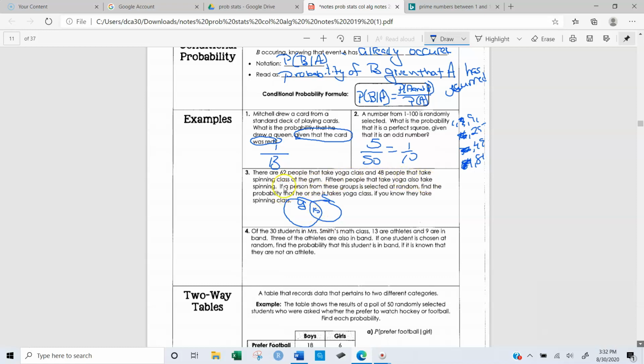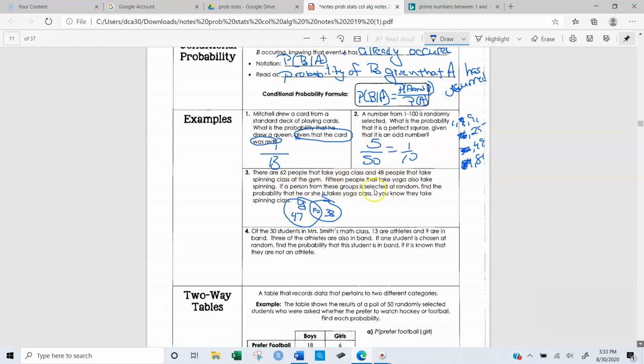If I have 62 that take yoga, 15 are here. That means there are 47 that take yoga that don't spin. And in my spinning class, there are 33 that take spinning that don't do yoga, and 15 that do both.